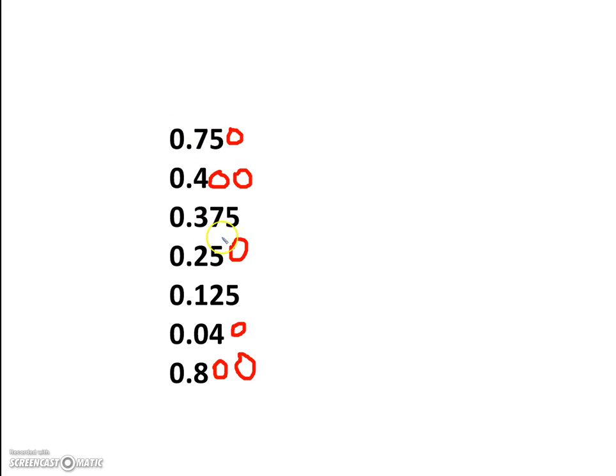And as you can see, they're all to the thousandth place now. Much easier to see. You could look at it like, well, this is 750 thousandths, 400 thousandths, 375 thousandths. You could just think of them like whole numbers. 800 is bigger than 400, bigger than 375, bigger than 250. But we're going to use our post-it to order these.